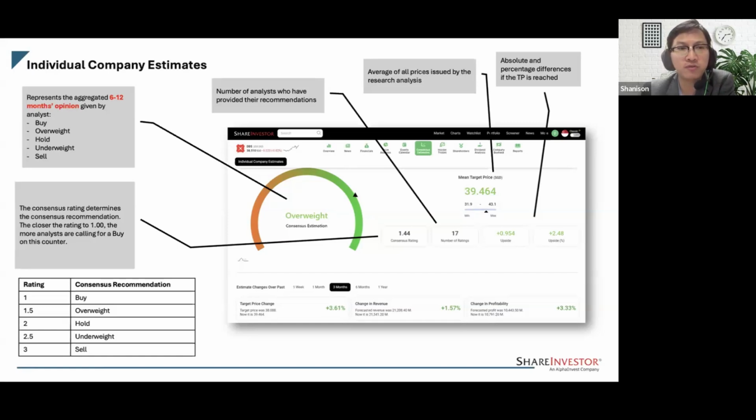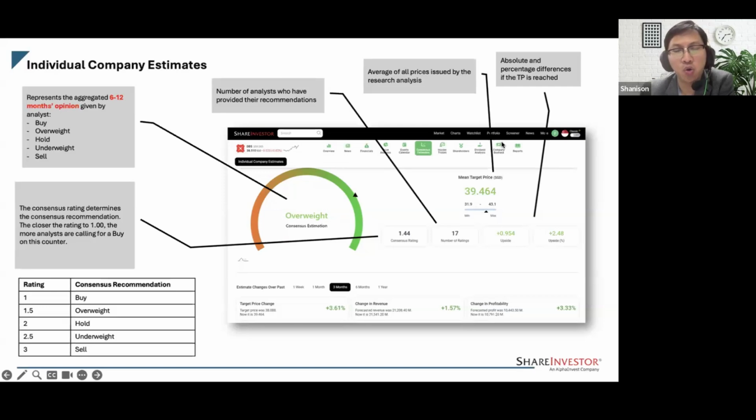When we say overweight, it means the research analyst is recommending that you consider increasing your portfolio allocation to this stock, to increase its weightage. Generally, when an analyst issues this kind of rating, it means they feel the stock has the potential to perform better than the underlying benchmark index.